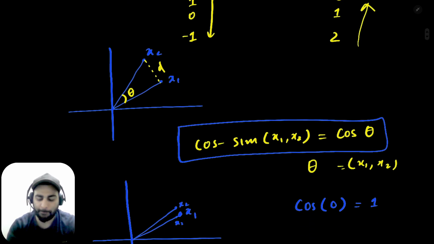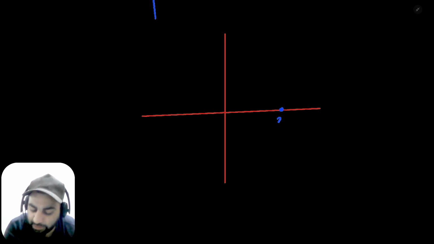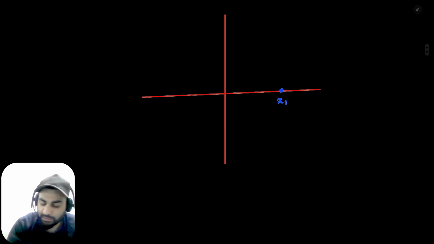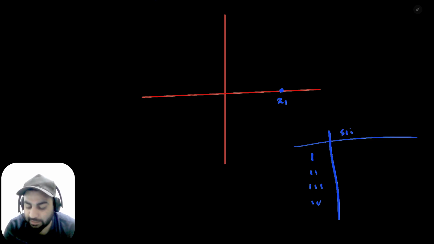Yes, sir. Okay, let's again take some graphical example so that you will understand it better. So now let's suppose we have these 4 quadrants. If I have a point over here, let's call it point x1. I'll also make the quadrants parallelly. So I'll have the first quadrant, second quadrant, third and fourth. These are my 4 quadrants, and I'll see what happens to the similarity and what happens to distance.